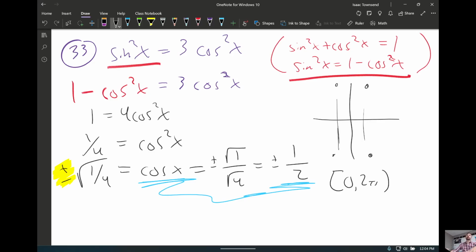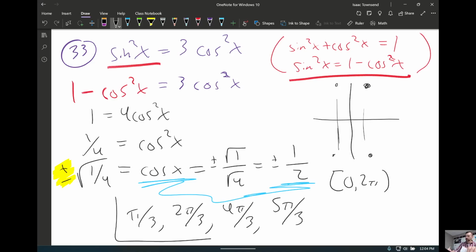So it would be incorrect for my answers to have the plus 2 pi in stuff. I just need to list these 4 out. Pi over 3, 2 pi over 3, 4 pi over 3, 5 pi over 3. Those would be your 4 solutions.